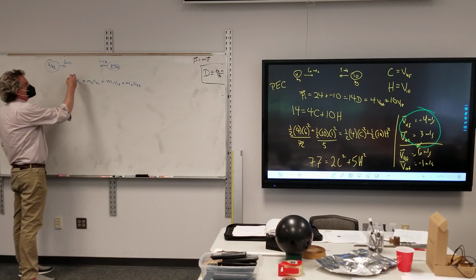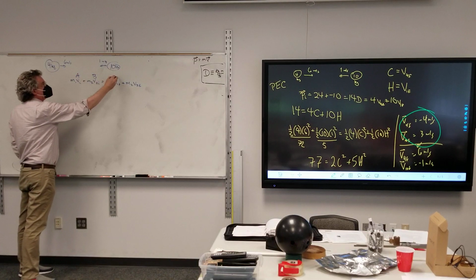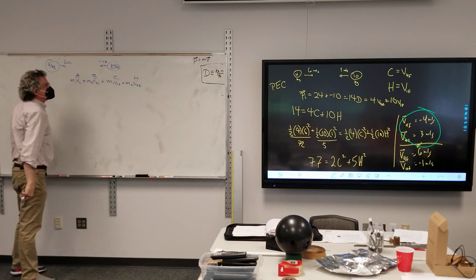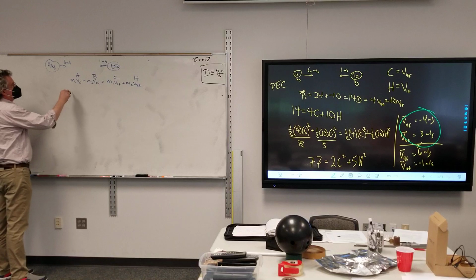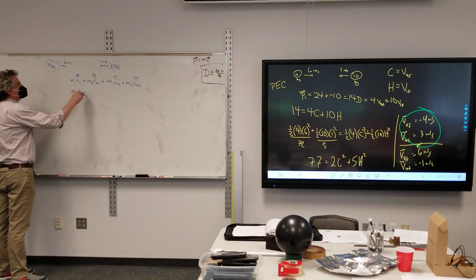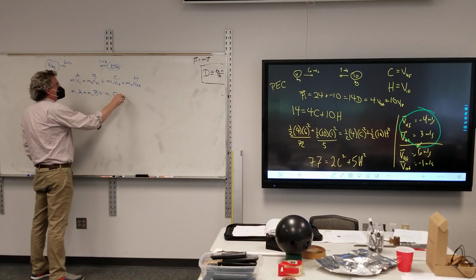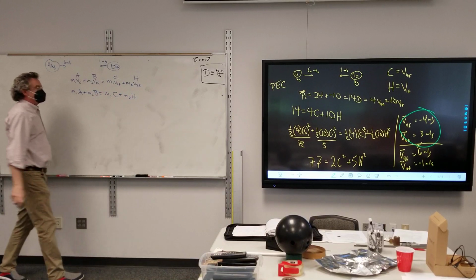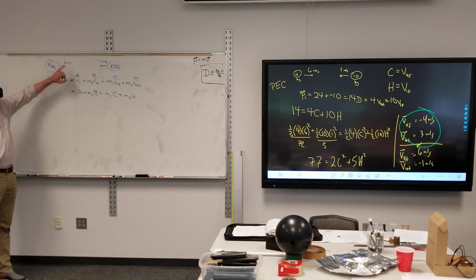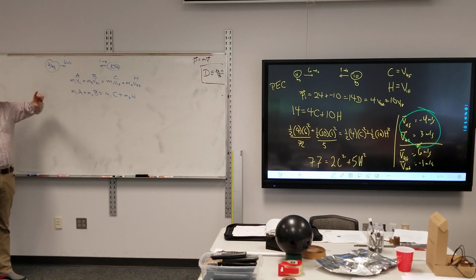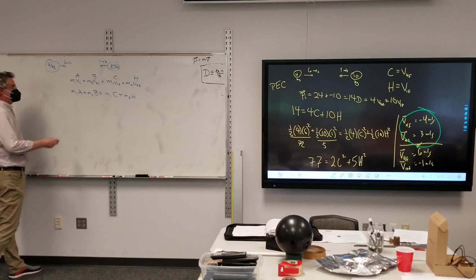I'm going to shorthand this, make this A, B, C, and H, just because I don't like writing all the subscripts. So I'll have M1A plus M2B equals M1C plus M2H. Now in our particular problem, A is 6, B is -1, M1 is 4, M2 is 10, but we'll keep it generic for the moment.